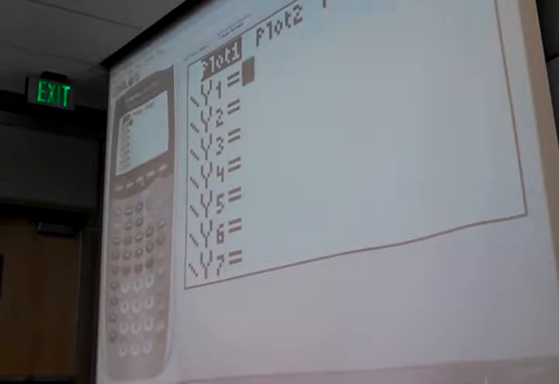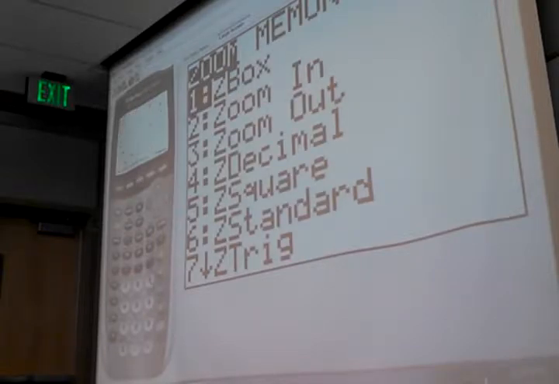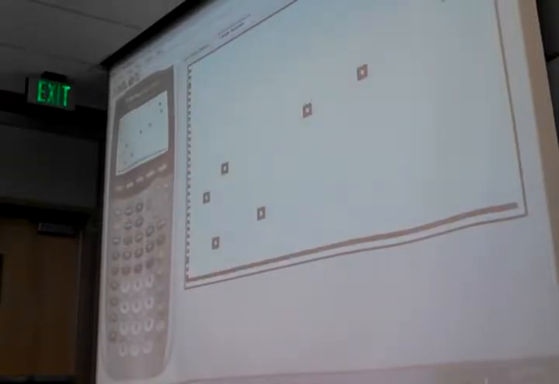So of course, what do I have to hit before I can see my data? Zoom 9. Normally it's 9, depending on how beefy your TI is. Some of you guys have long lists of stuff you can do. So it's zoom stat, whichever one that is under the zoom window. For most of you, it should be zoom 9. Let me know if anybody is not able to get to this point.